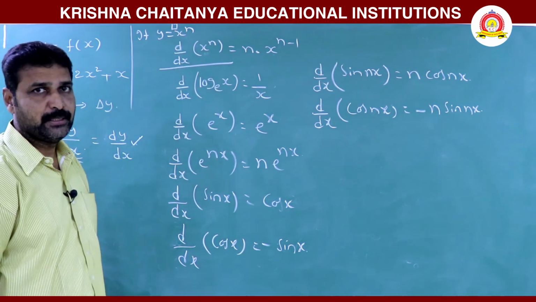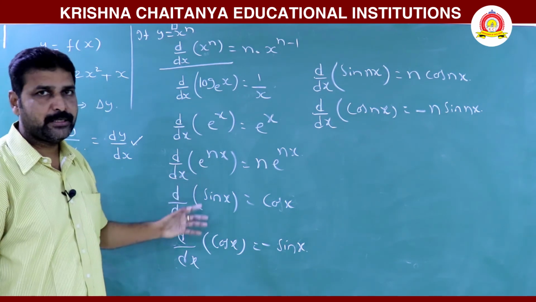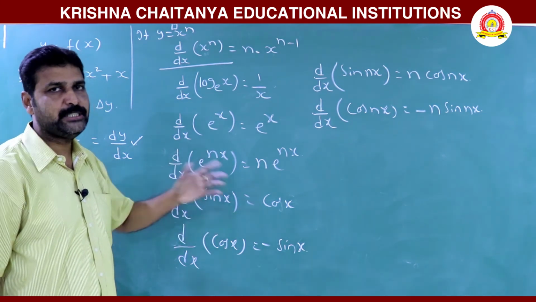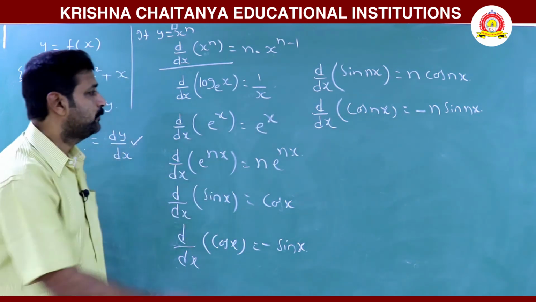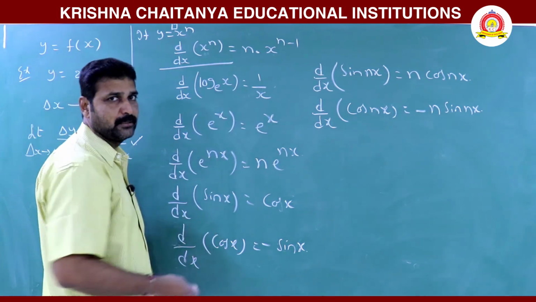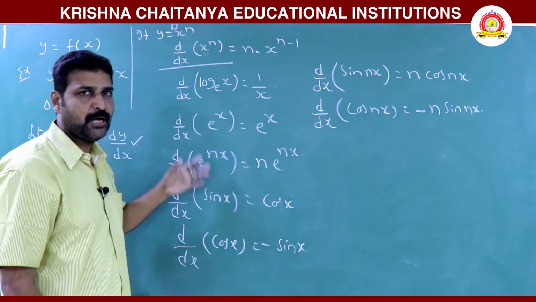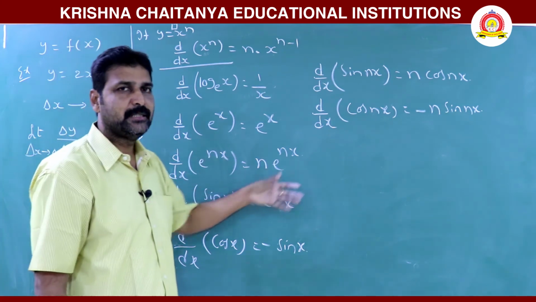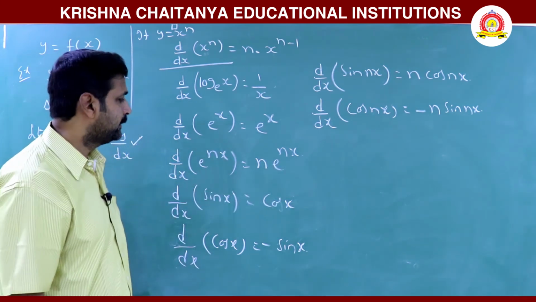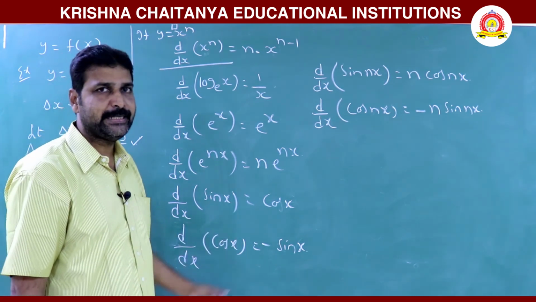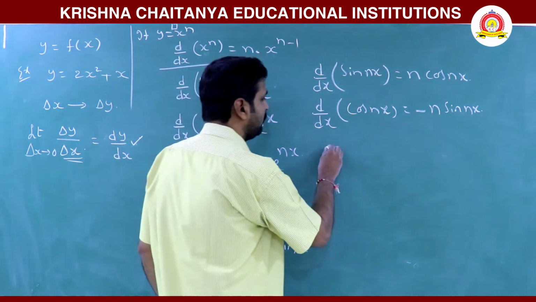Similarly, there is d by dx of tan x, cot x, secant x, cosecant x. Up to here you can learn by heart; thereafter, when you encounter these formulae in your mathematics, you can learn the derivations. But before going to tan x, cot x and secant x, we have to write some more formulae.